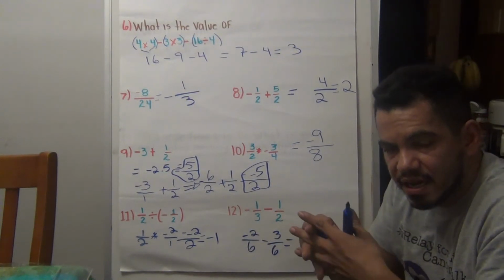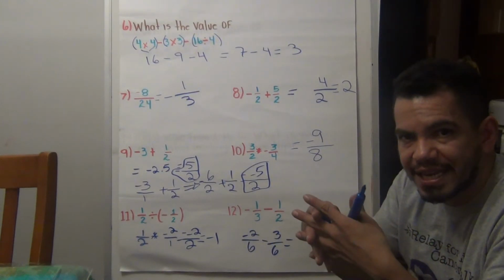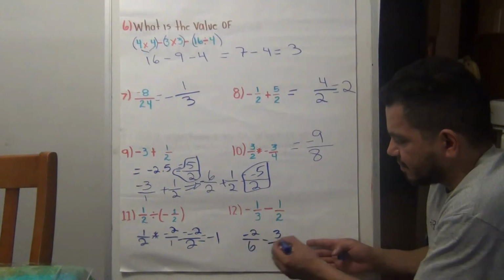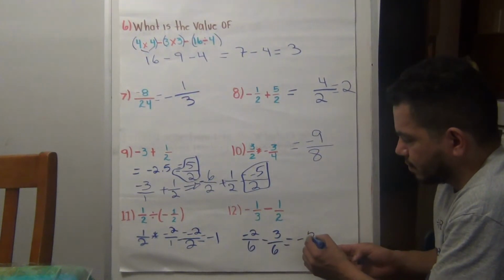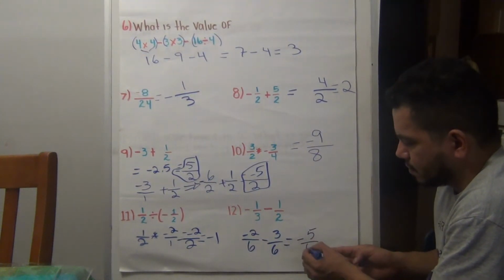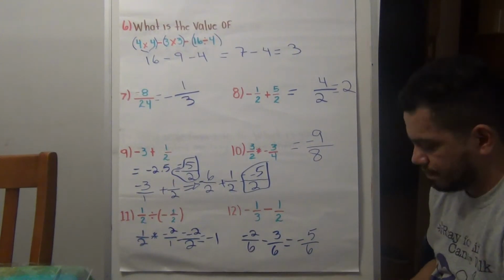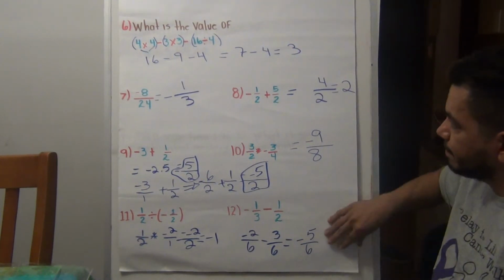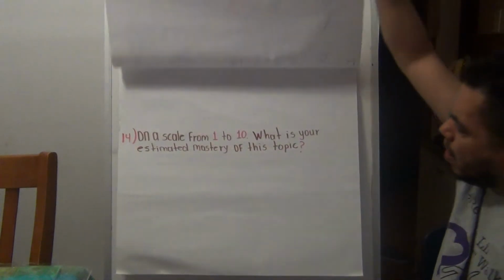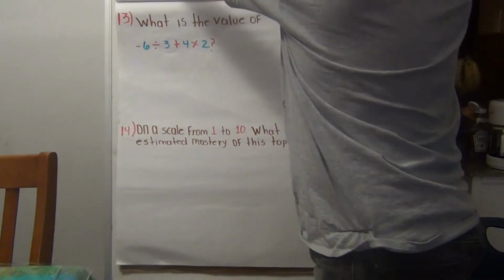When you're adding numbers that have the same sign, you add the numbers and keep the sign. So this is negative 5 over 6. Okay? And oh no, we still got more to go.